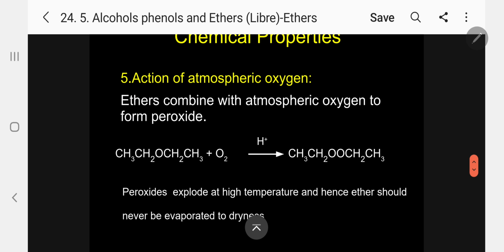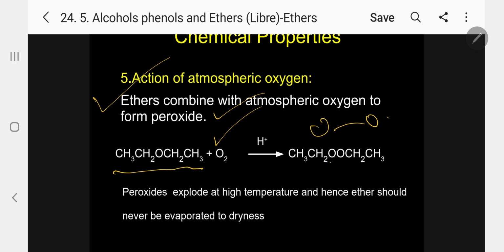Now, action of atmospheric oxygen. Ethers combine with atmospheric oxygen to form peroxide. So this is ether; when you heat with oxygen, it gives this O-O linkage. It is called a peroxide linkage. Kindly follow. This is the O-O linkage normally called peroxide. So this is an ethyl group, O, ethyl group.